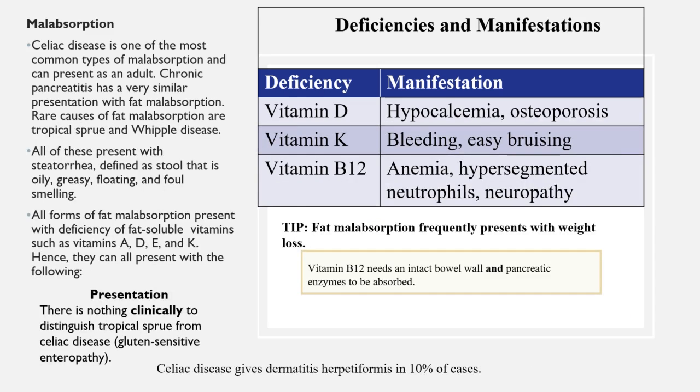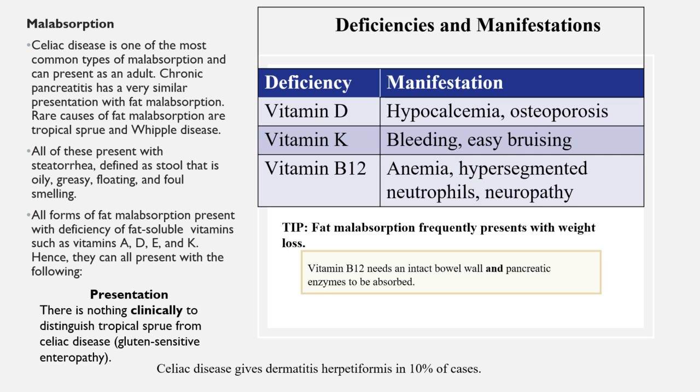This slide discusses another clinical situation, which is malabsorption. Celiac disease is one of the most common types of malabsorption and can present in adult patients. Chronic pancreatitis is a very similar presentation with fat malabsorption.